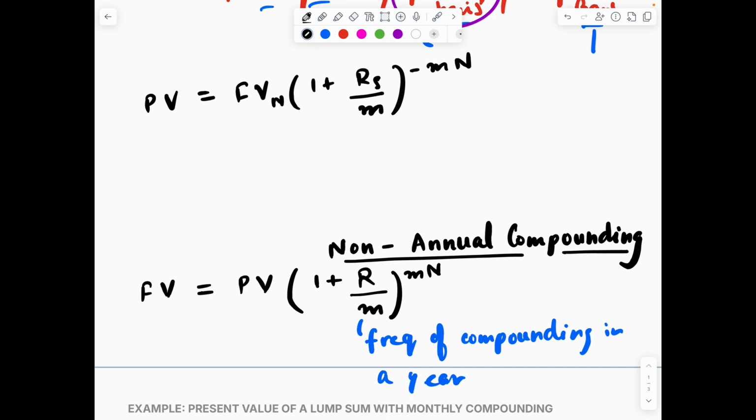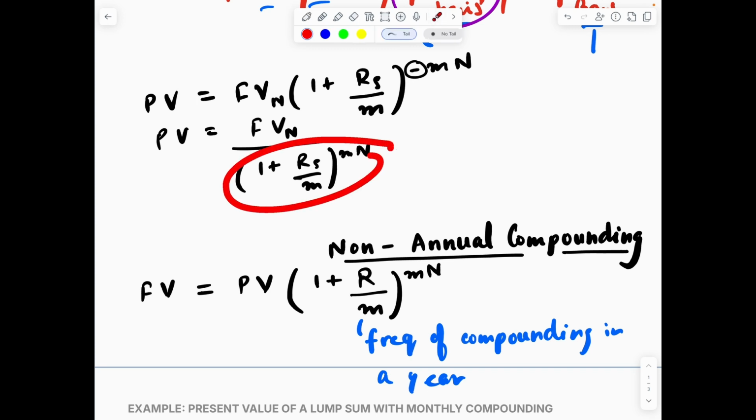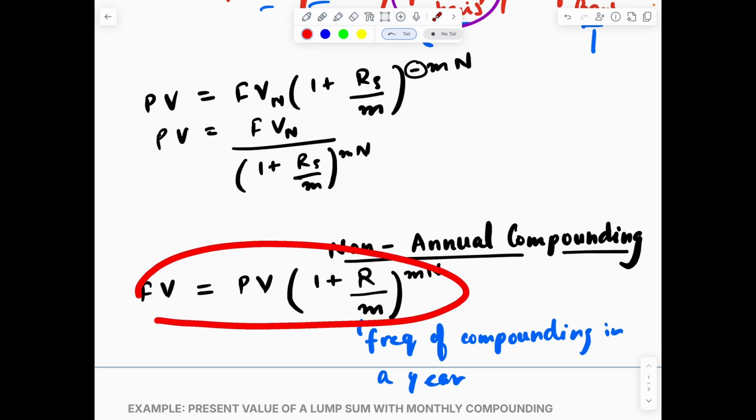It is one and the same. How? Present value is equal to future value and this minus, you can see the minus here, basically means it is in the denominator, 1 plus R by M to the power MN. So if you take this thing to that side, it goes to the numerator. So this is exactly what I'm writing.